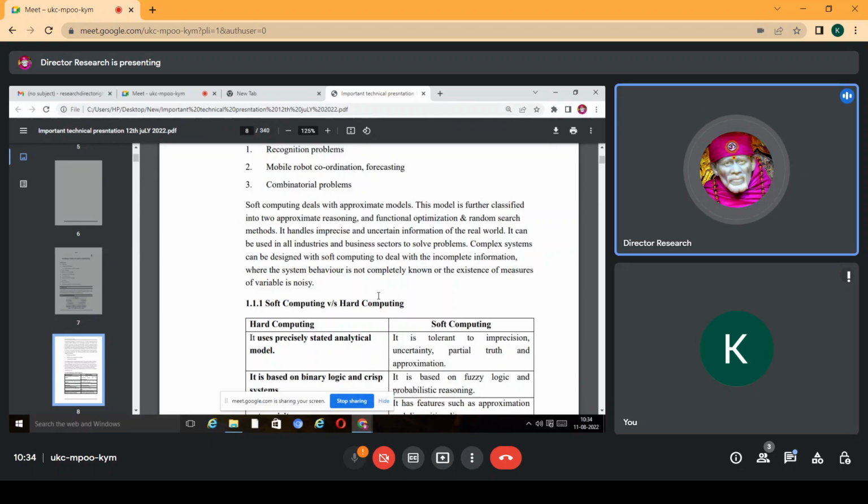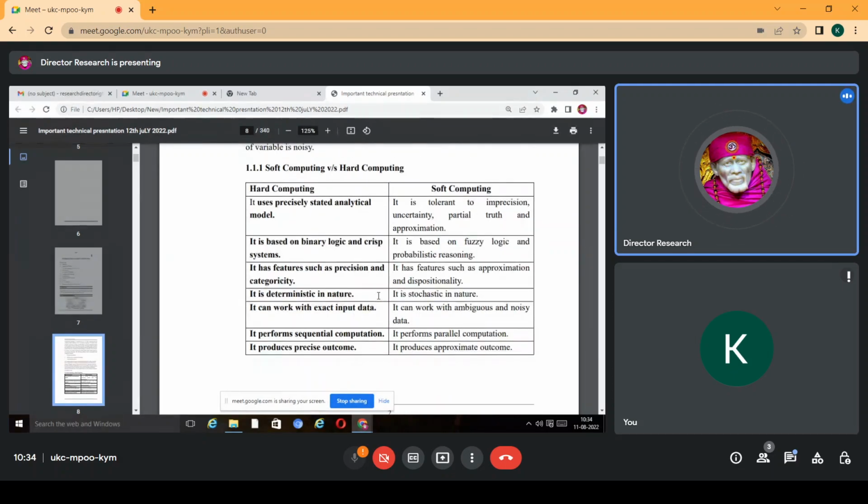Soft computing versus hard computing. Hard computing is precisely stated for an analytical model. Soft computing is tolerant to imprecision, uncertainty, partial truth, and approximation.